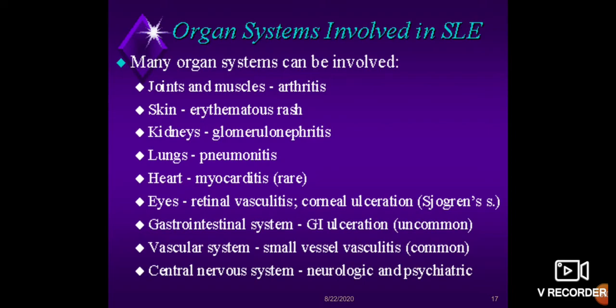Gastrointestinal system, we have gastrointestinal tract ulcers, but this is uncommon. Vascular system, small vessel vasculitis, and this is common. Central nervous system, and this is neurological and psychiatric symptoms.